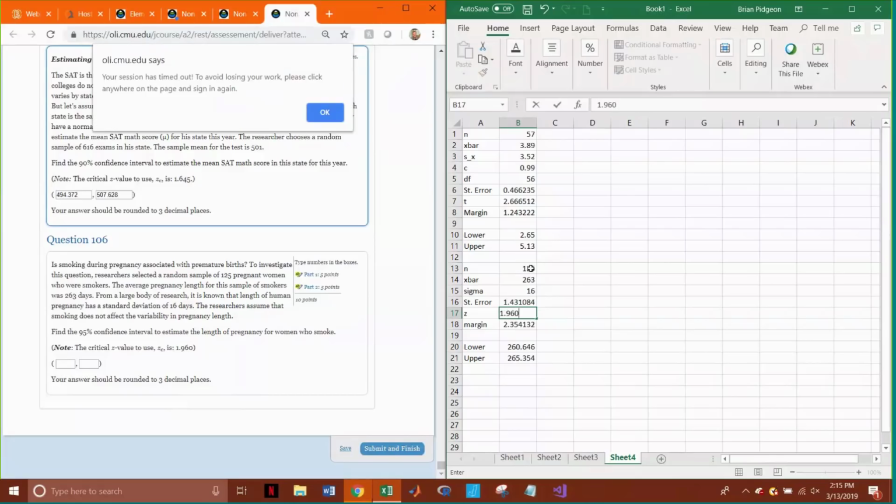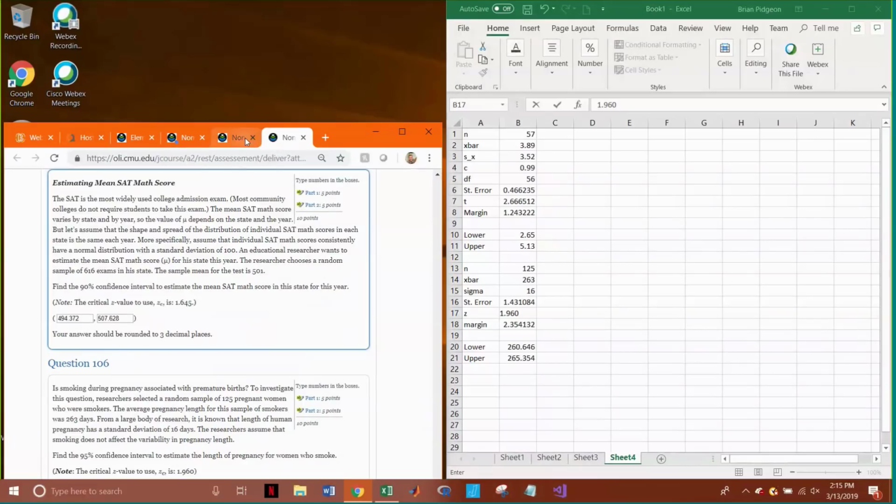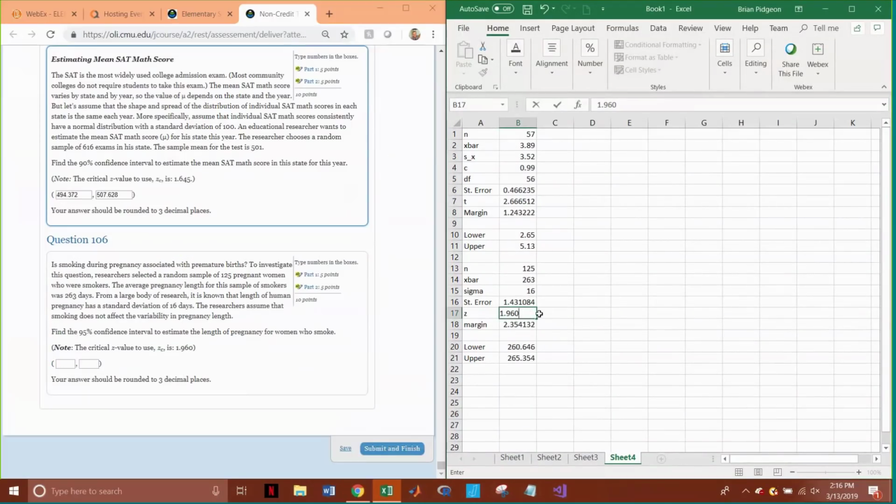So we change our z-score to 1.960. Please click anywhere on this page to sign in again. Uh-oh. I'm going to be angry if it doesn't save. Let me really quickly sign back in. All right, well, whatever. We'll see what happens.